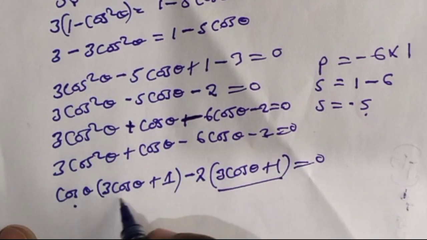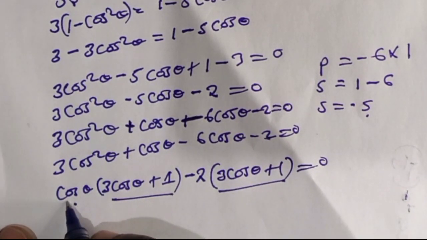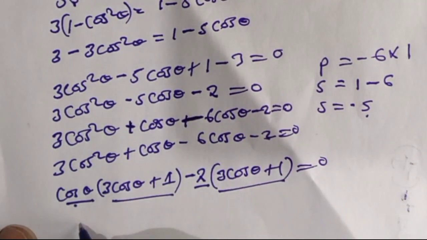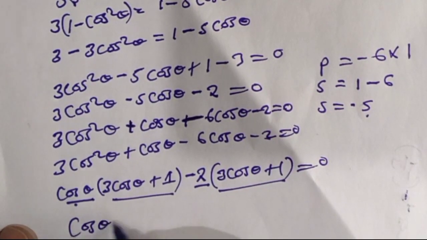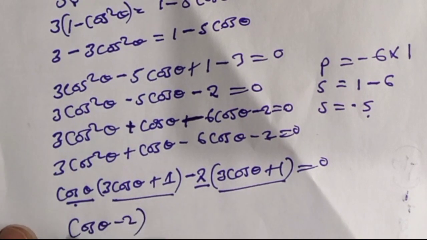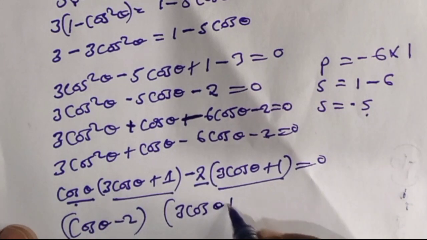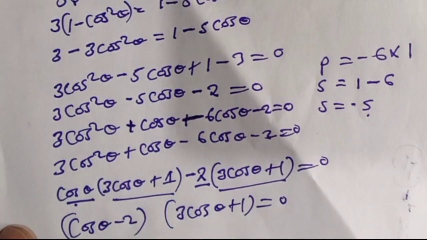These terms are equal, so we take that term and the other term, which gives cos theta minus 2 in the bracket, then 3 cos theta plus 1, equals 0. We equate each factor to 0.